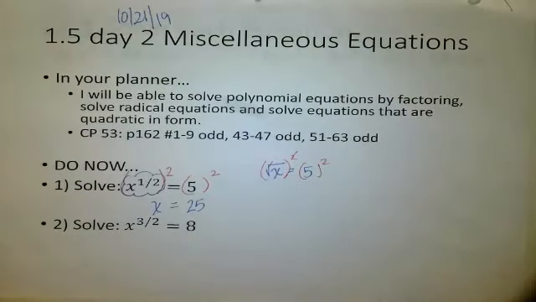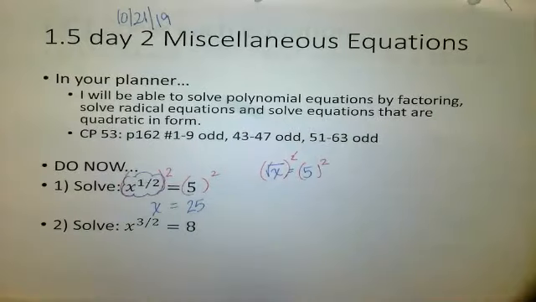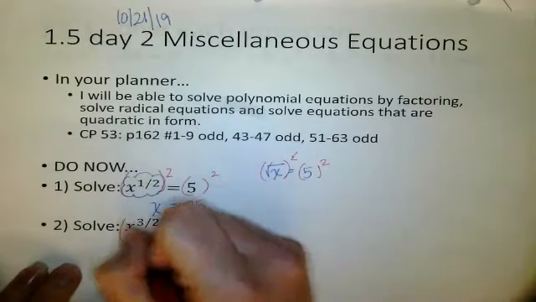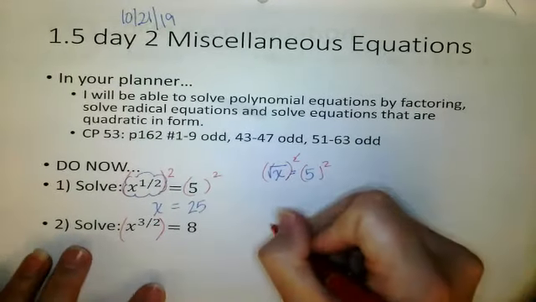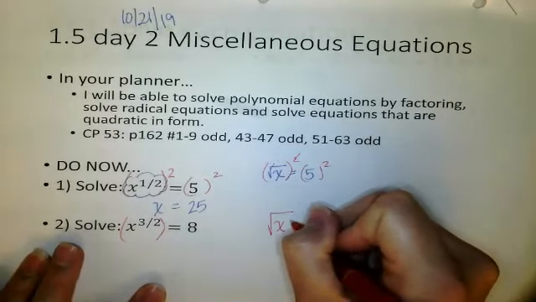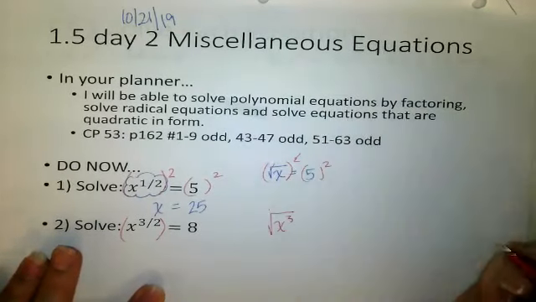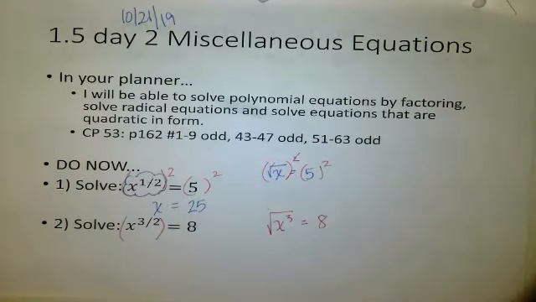Okay, so with that in mind, how am I going to do something like x to the 3/2 equals 8? You're telling me I could write it as the square root of x cubed. I could. Is that helpful to you to write it that way?